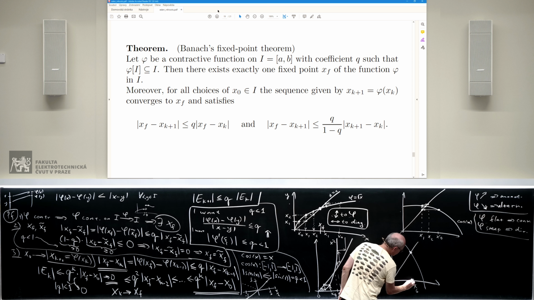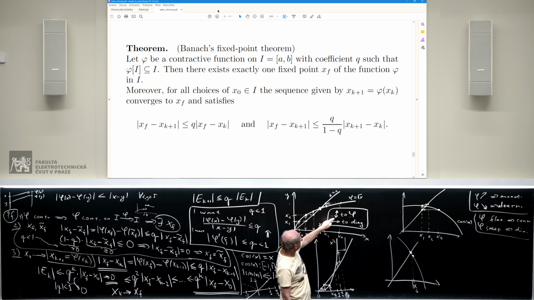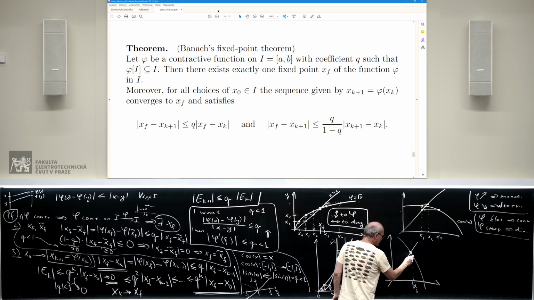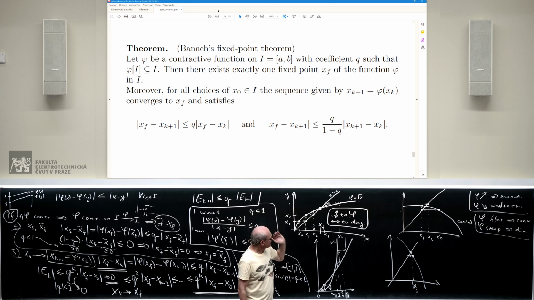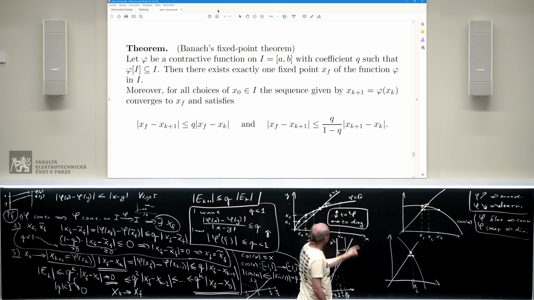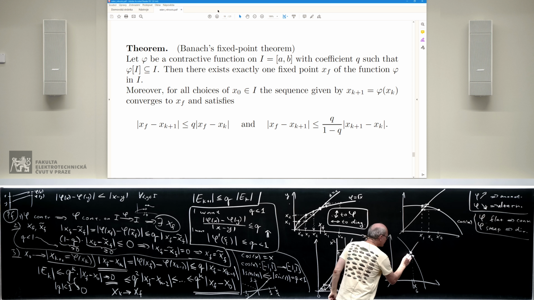x0, just to the right of the fixed point. I go up to the graph, and I end up here. Then I go horizontally to the diagonal. So that's the first true step. The step from x0 is always preparatory, but afterwards I just move in my graph. Horizontally to the diagonal, vertically to phi.